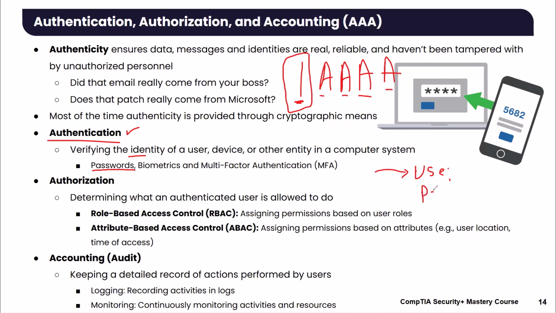So that's why you see all these websites ask you for the password. Okay, you're saying you are this person, but how do we know? Well, type in your password. Once you put in the password, they're challenging the identity, and therefore they're authenticating you. That's important to know, because the exam is going to want you to know it at that level.